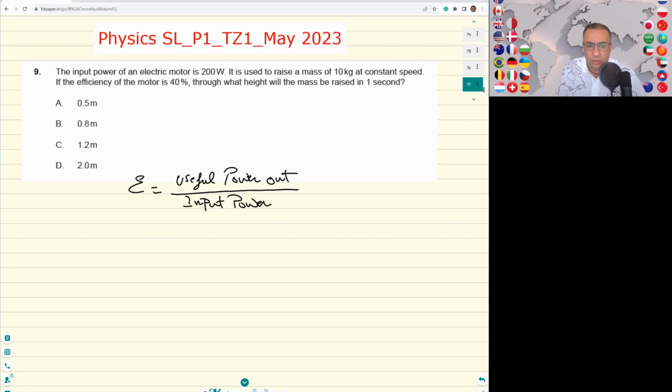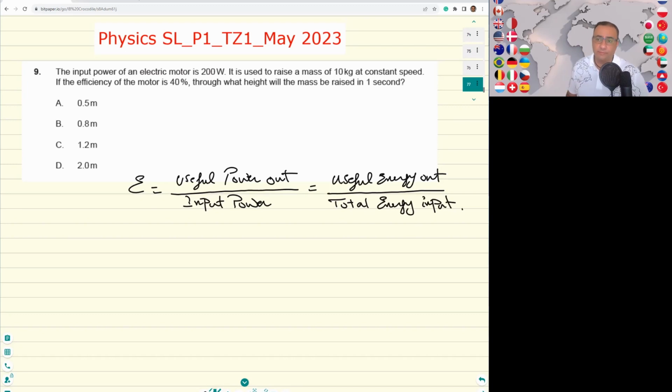Or you can say the efficiency is the useful energy out over the total energy input.